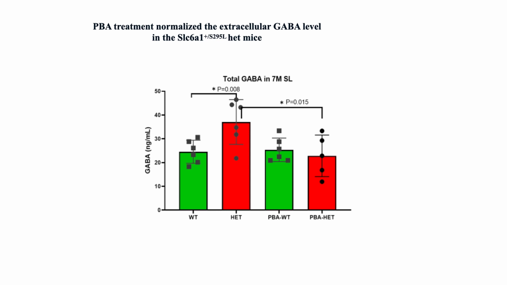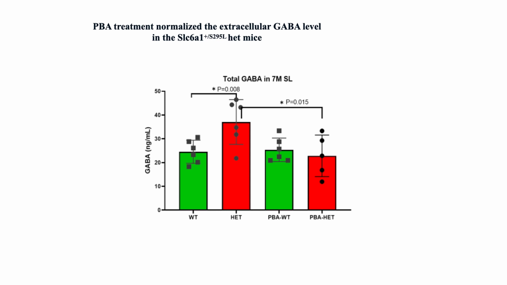Comparing wild type and heterozygous in Maxwell's mouse model at 7 months, you see increased GABA level. It's very encouraging because we identified phenylbutyrate. We treated animals for 7 days and then re-measured microdialysis. We found phenylbutyrate can normalize the GABA level. We feel very comfortable about that, and I'm very happy.